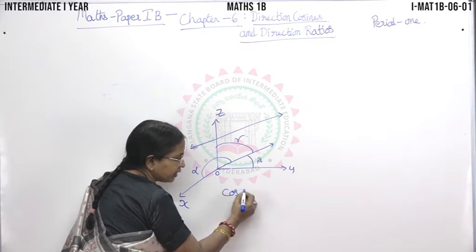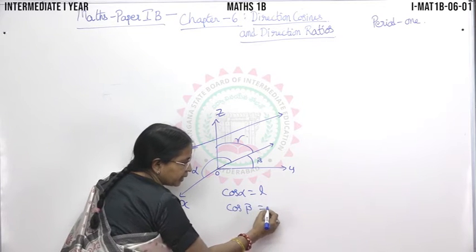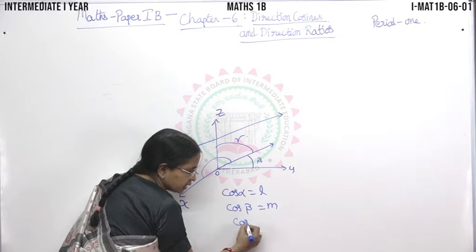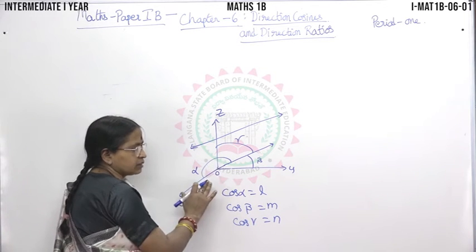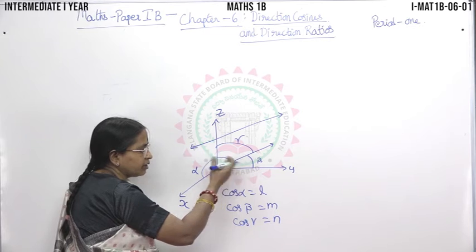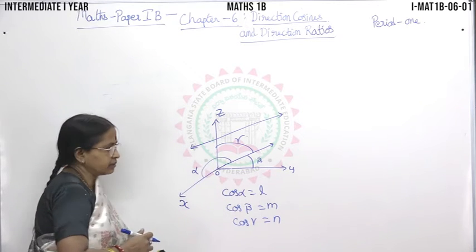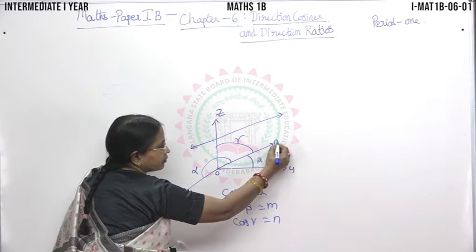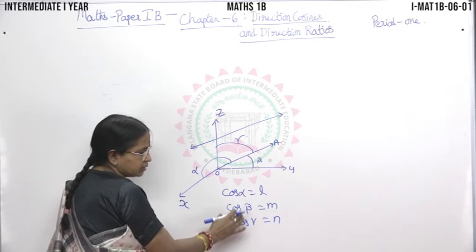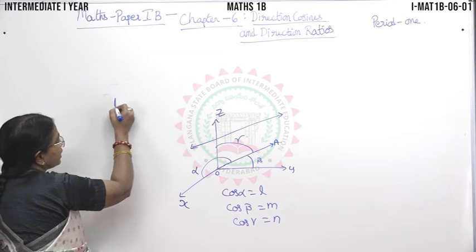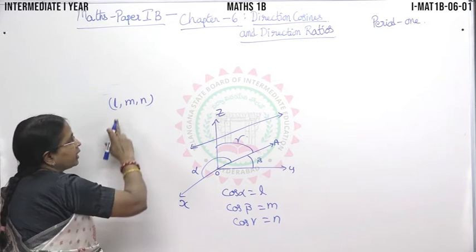Then cos alpha is denoted by L, cos beta is denoted by M, and then cos gamma is denoted by N. So these are the angles made by the ray with the positive direction of x-axis, y-axis, and z-axis. So consider OA. Now this cos alpha, cos beta, cos gamma, these three, the triad L, M, N, are called the direction cosines.